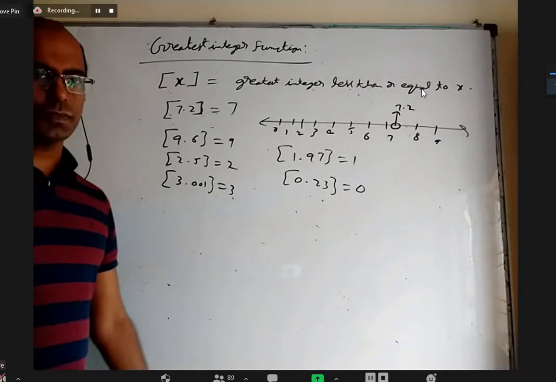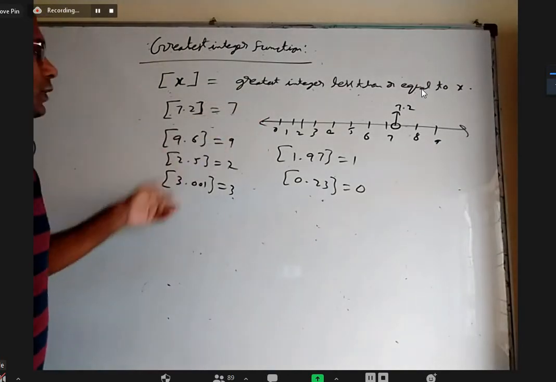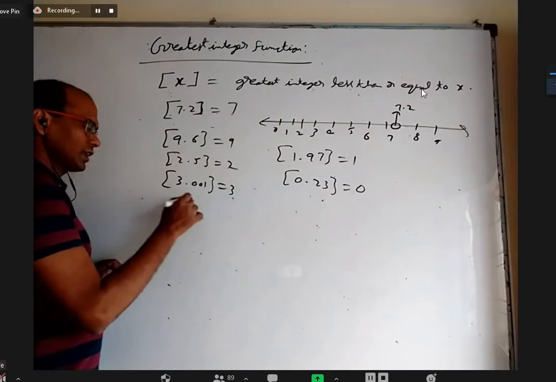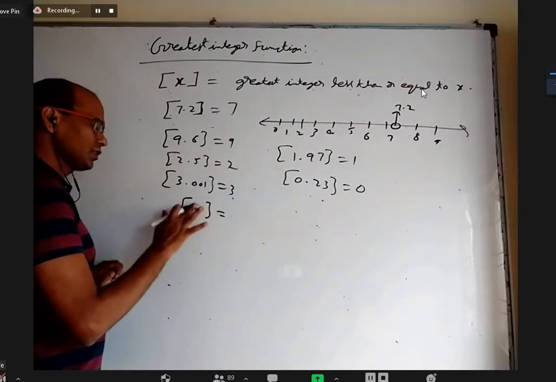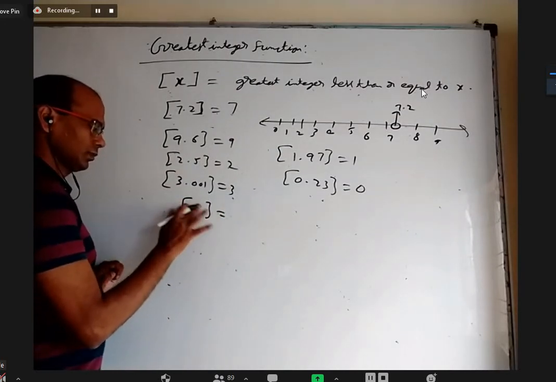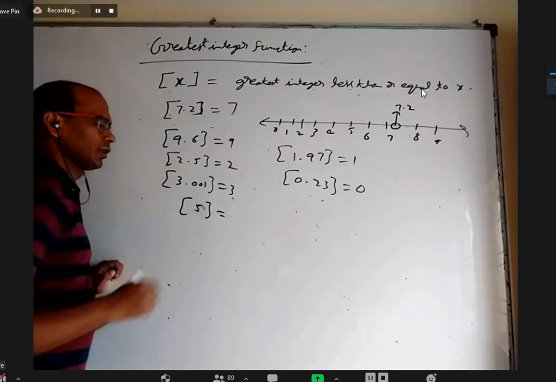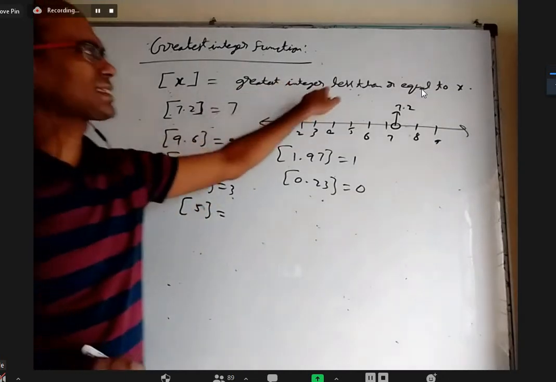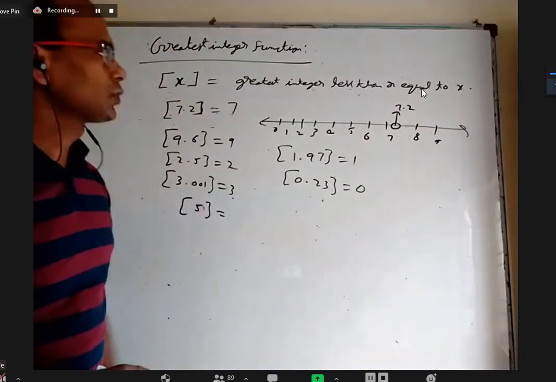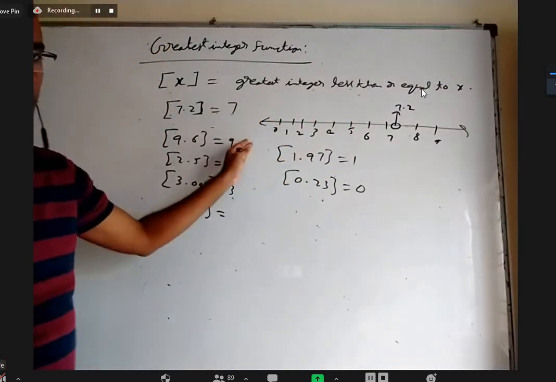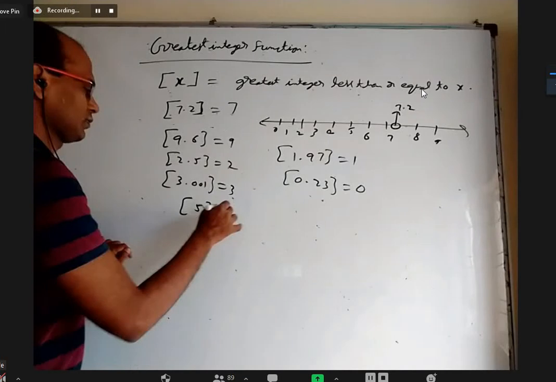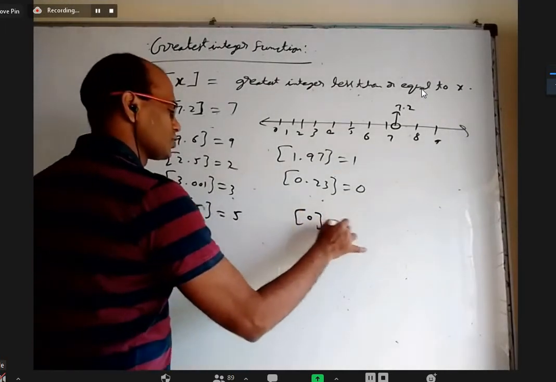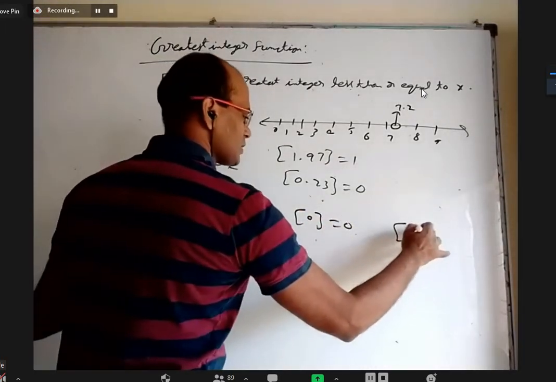But that is not the definition. If you take the number 5 itself, what will the answer be? 5. Okay, because the definition doesn't say only less than 5; equal to 5 is also okay. So if you take 5 or all the integers before 5, among them the greatest is 5 itself. If you take 0, it is 0. If you take 6, it is 6.